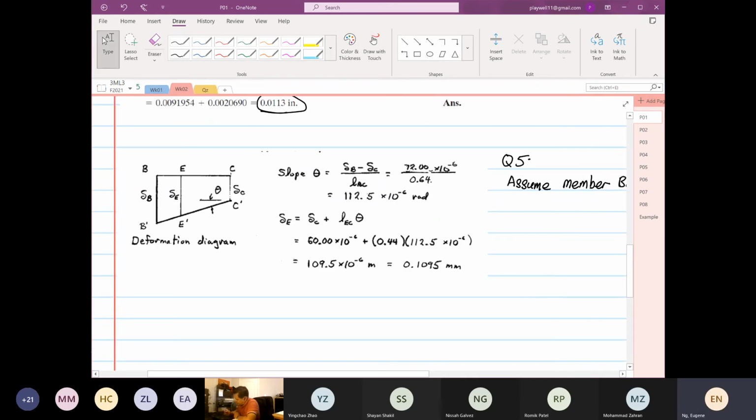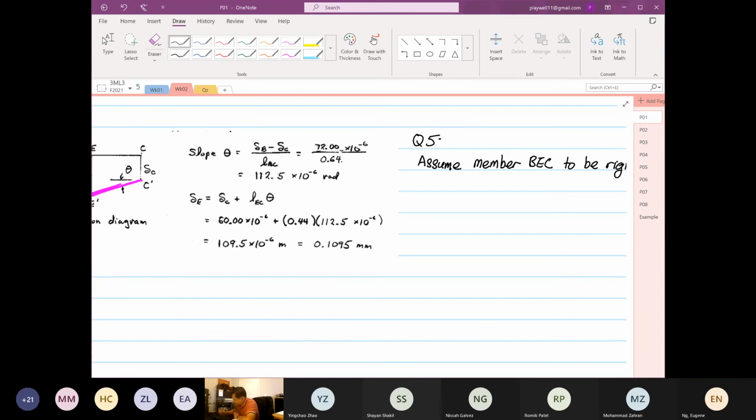So when we make the assumption, when the structure deforms, it is a straight line. You can see down here, this is a straight line where I'm drawing in pink. So member B prime, E prime, C prime are a straight line because we make an assumption of a rigid body.